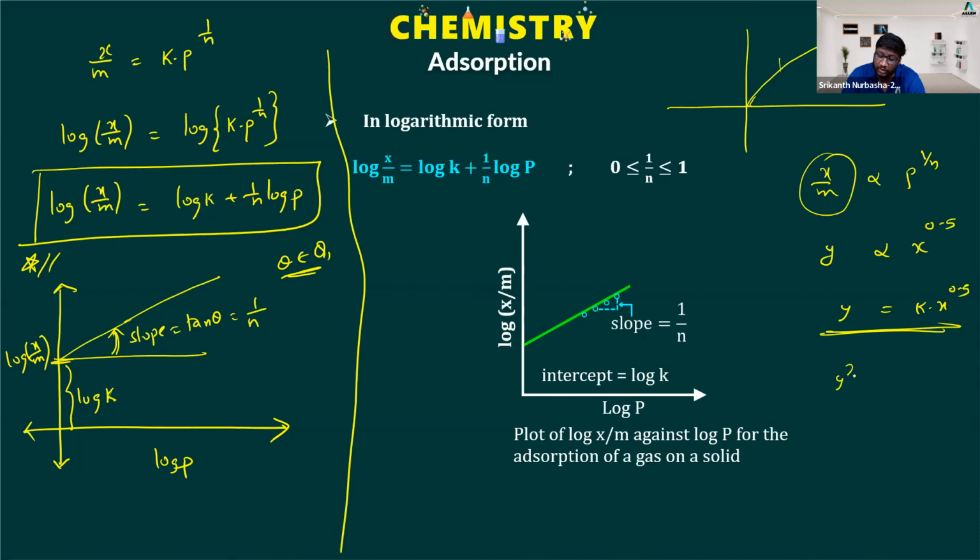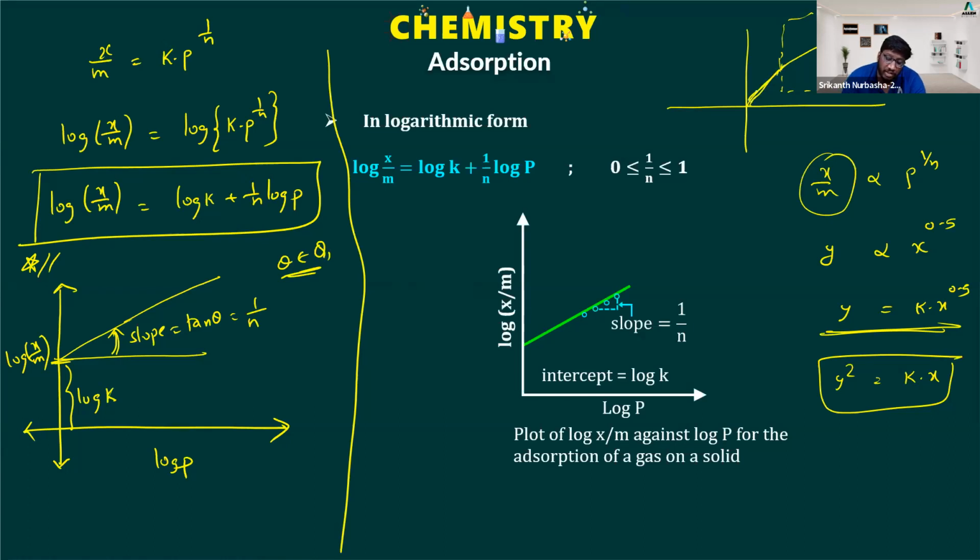Or you can say y square is equal to k into x. y square is equal to 4ax is a parabola. That means whatever 1 by n they write is trying to explain the equation of this particular curve. Here I have taken 0.5 for your simple understanding. You can write it as a parabola, y square equal to 4x. But you can have x power 0.6 also, which is not exactly a parabola. So that 1 by n value is actually trying to represent the equation of this particular curve.